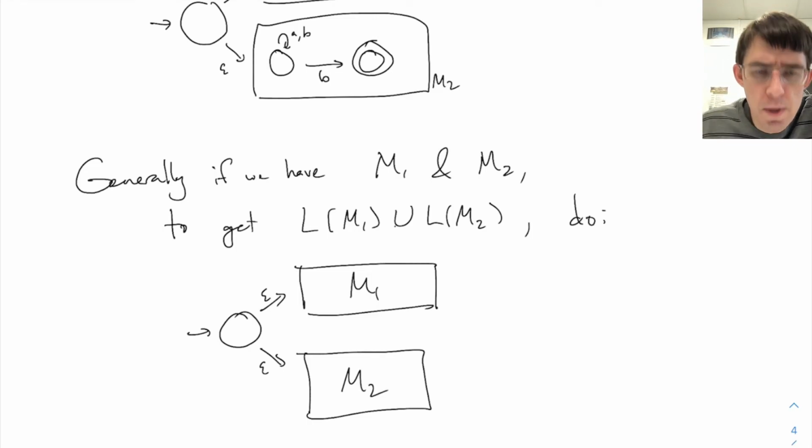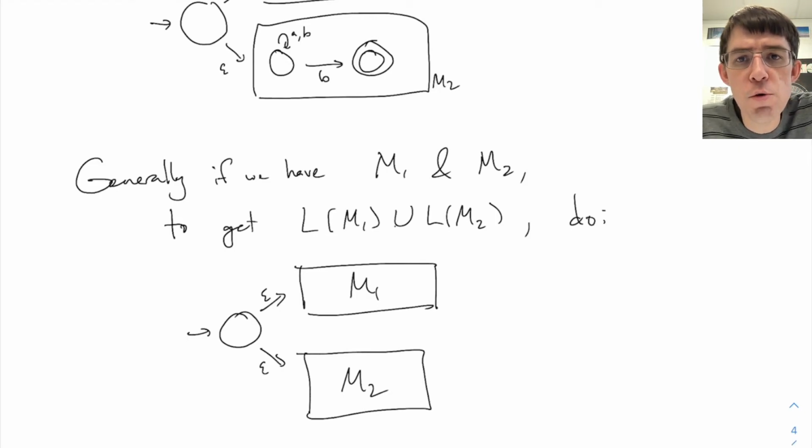By plug in, I mean you make one epsilon transition point at the starting state of M1, and the other epsilon transition point at the starting state of M2. This is how you plug together two NFAs and get the union. There's no comparable simple, cute way to plug together two DFAs, because this requires epsilon transitions, and you can't really do that in a convenient way with a DFA.